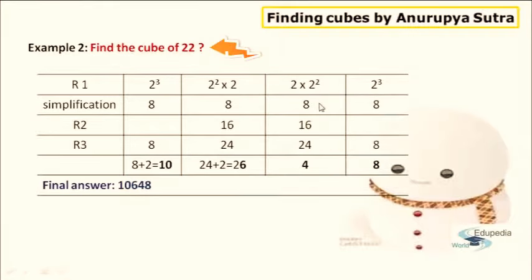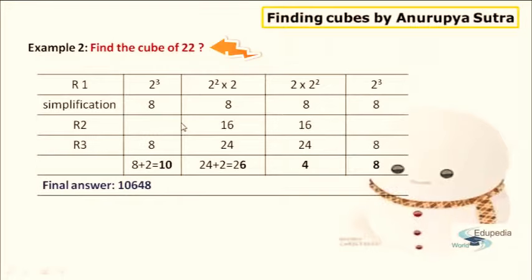And this 8 I have written in the next row, simplification, over here. Finally, moving to the fourth part, here we have to cube the digit that is in the ones place. So here in the number 22, we have 2 in the ones place, and by cubing 2, we get 8 as the answer, and this 8 I have written in the next row, simplification, over here.